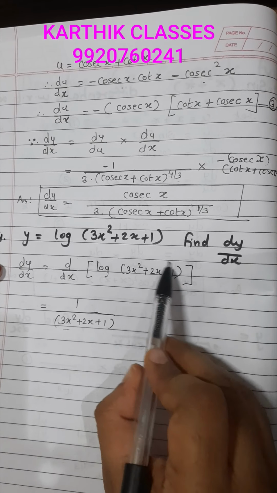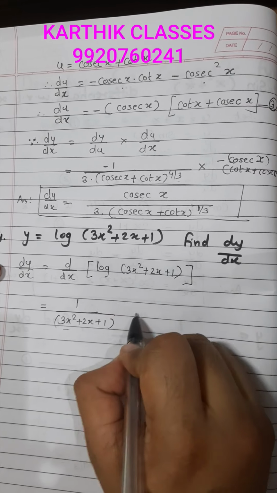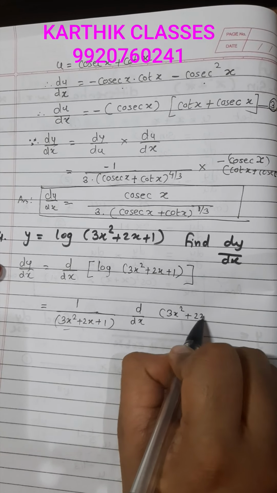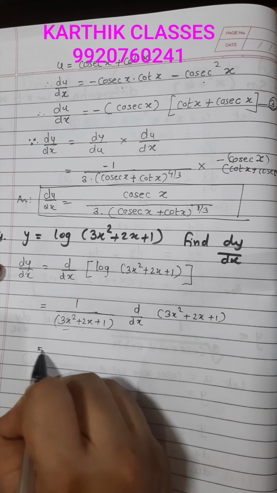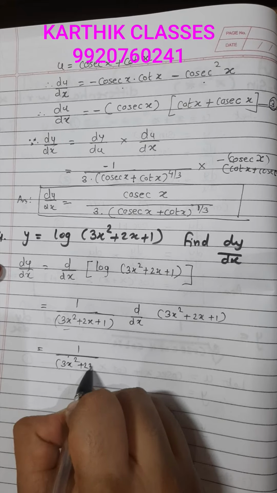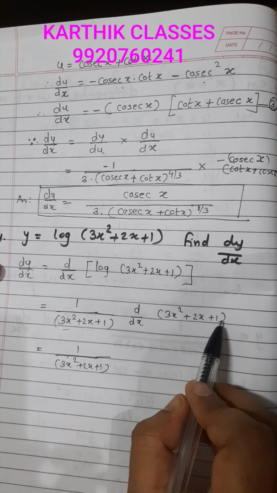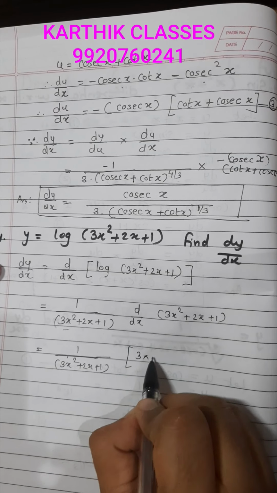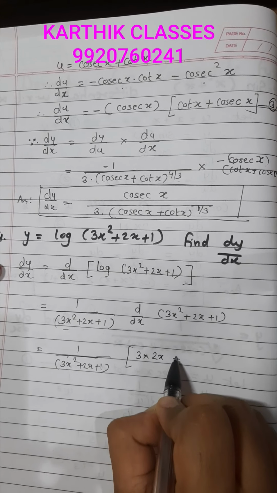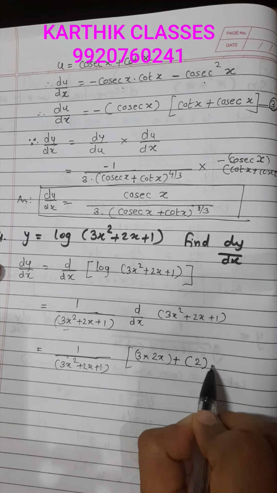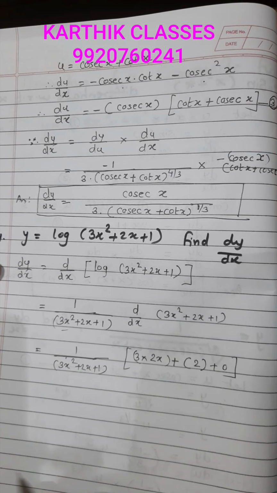But as this is an algebraic expression, we will again differentiate that with respect to x. So keeping this term as it is, when we differentiate this algebraic expression, you will get 3 into 2x plus 2. The derivative of 2x is 2 and the derivative of 1 is 0.